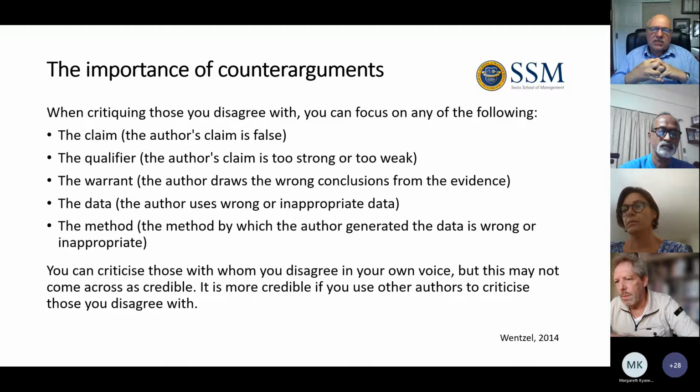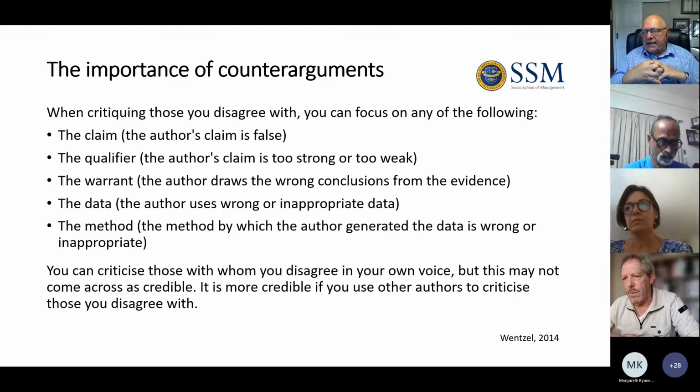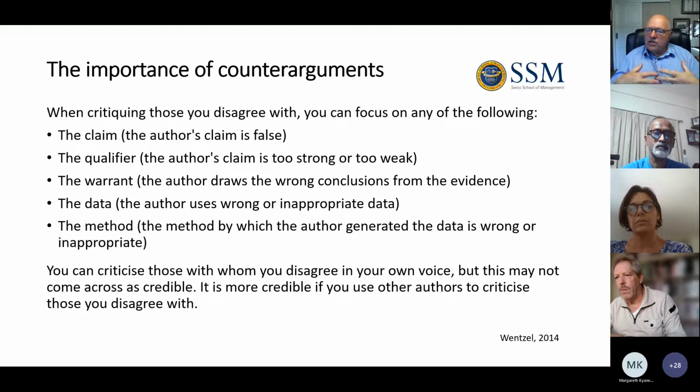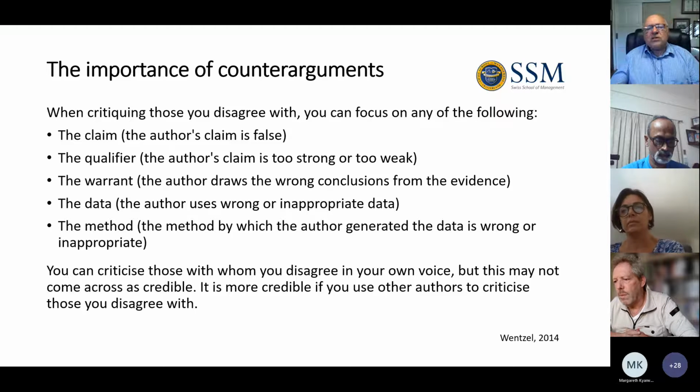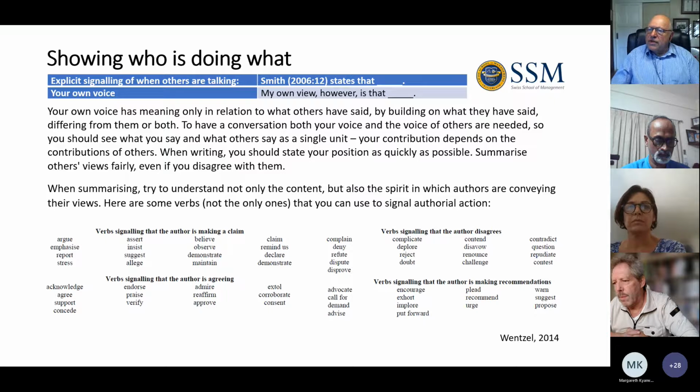The method, you can actually criticize the method that was used by the author. And you can criticize those with whom you disagree in your own voice, but this may not come across as credible, so you've got to use other authors to criticize the people you don't agree with. So it's important in your document, as you're writing it, to show who's doing what.